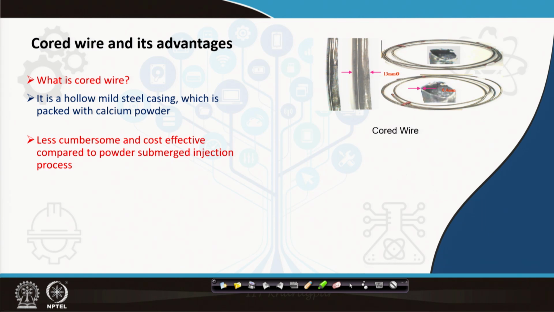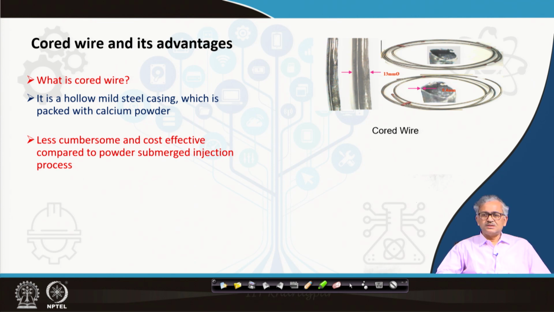Another problem is that in submerged powder injection, around 40% of the powder moves through the liquid as particles inside the bubble. During the rise, these particles do not participate significantly in the mass transfer process because they are inside the bubble.